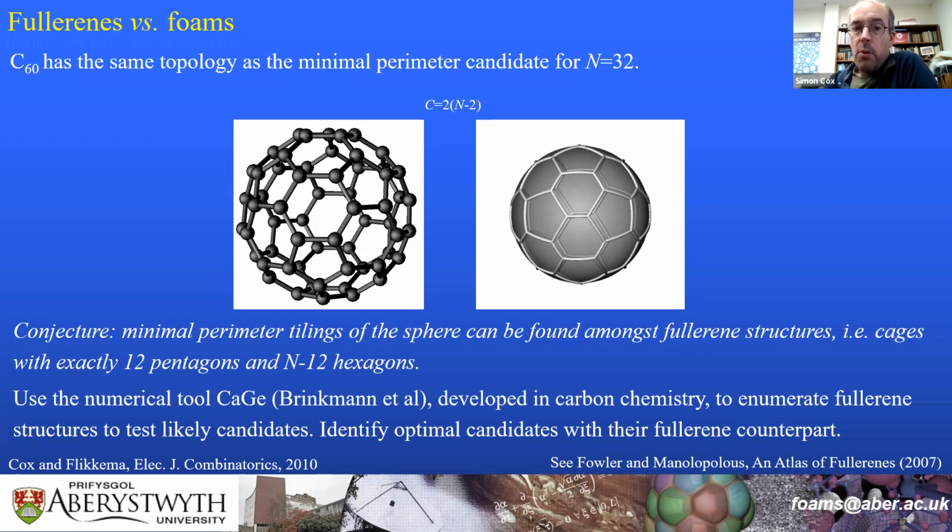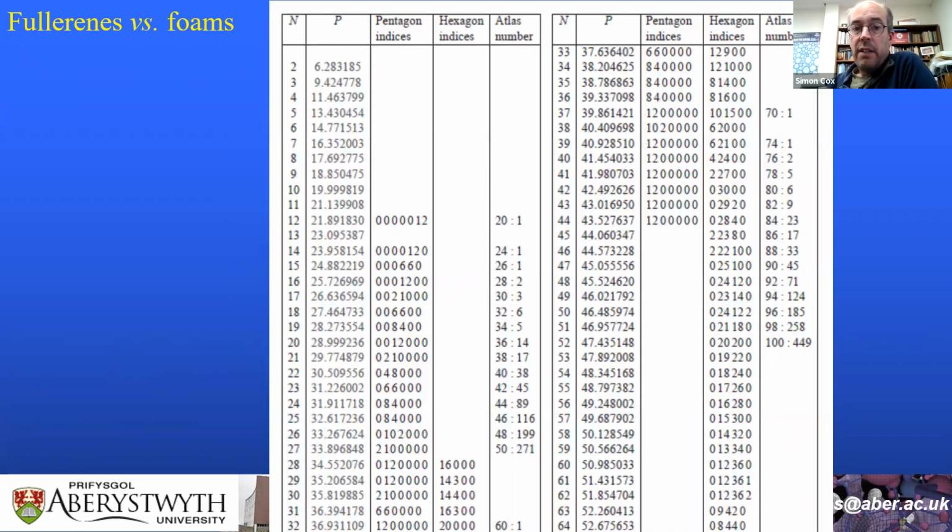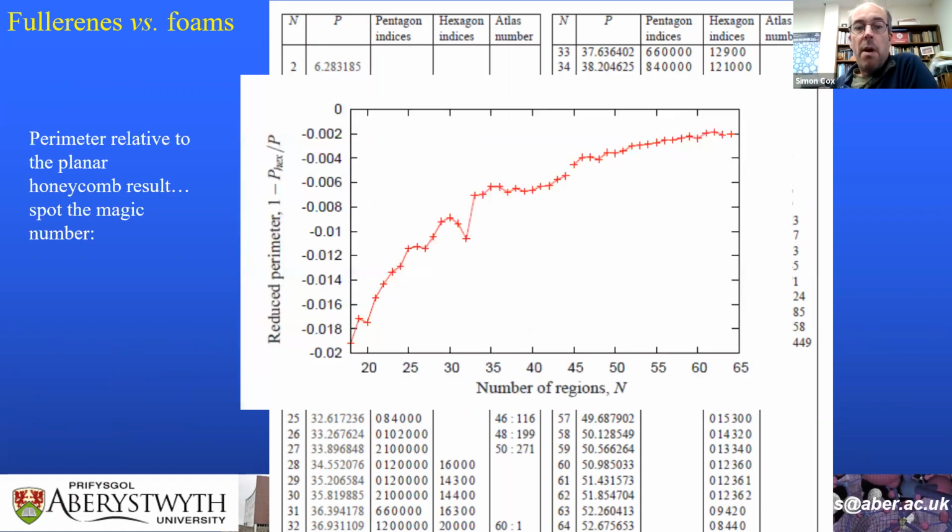The boring bit is that we compared each candidate with its equivalent in the atlas of fullerenes, and in most cases put a number to it. But more remarkable is to look at the perimeter compared to the perimeter of the same number of hexagons, and you see that remarkable drop at n equals 32, which says that not only is C60 very important for chemistry, but n equals 32, its foam equivalent, seems to have remarkably special properties.